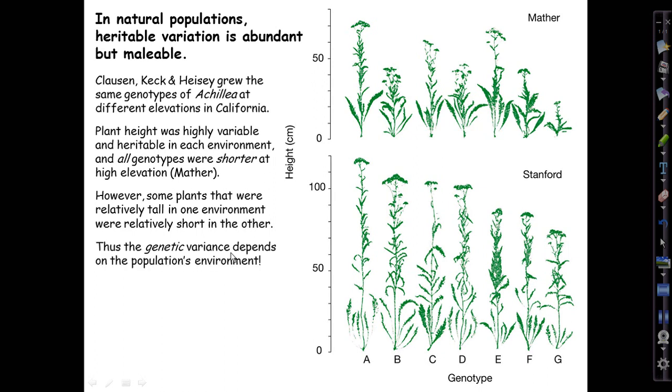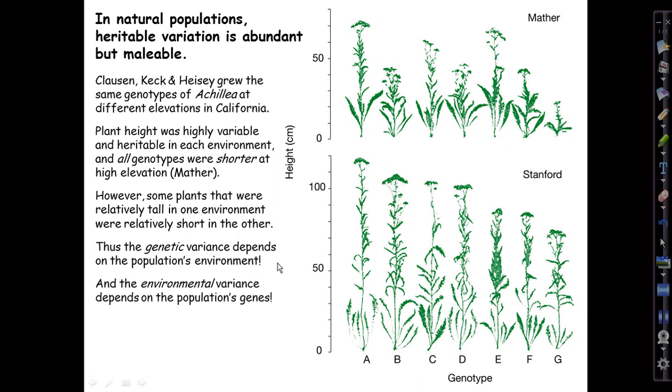So the genetic variance depends on the population's environment, and the environmental variance, which is considerable, depends on the population's genes. That is to say, how much response there was to the environment, to the difference between these two environments, depended on what genotype you were.